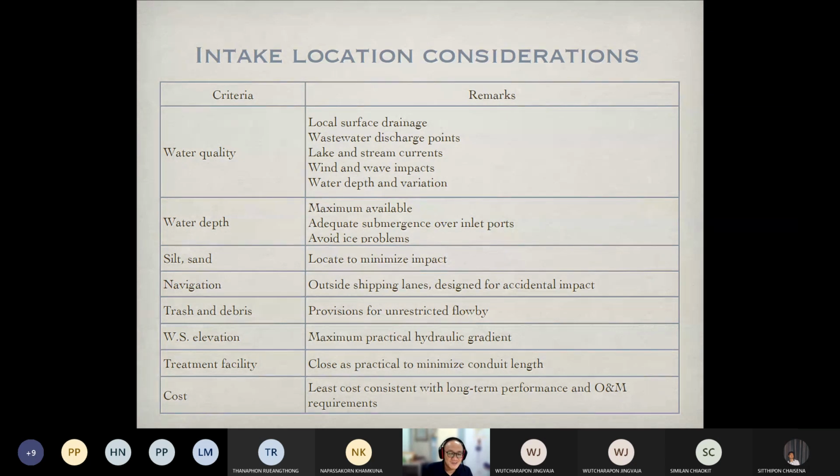Even though we have systems to remove the silt and sand particles, it is better to avoid locations where there is silt and sand accumulation, trash and debris, and higher and lower elevations. The intakes should be located somewhere upstream, and we should also consider the elevations.